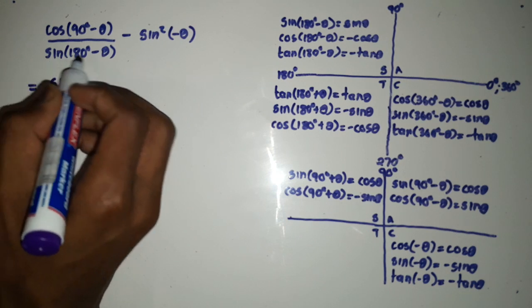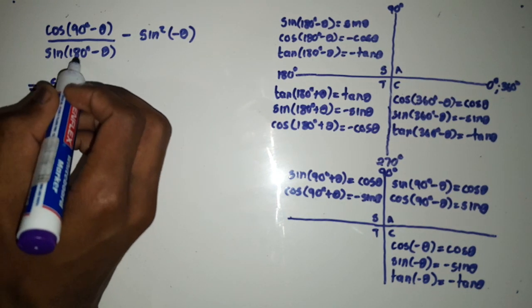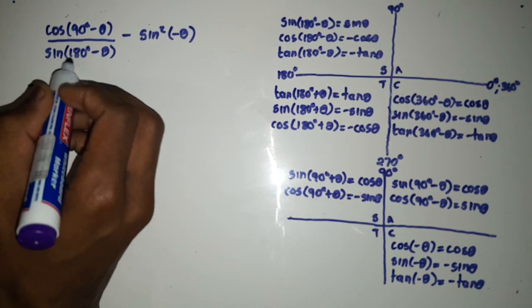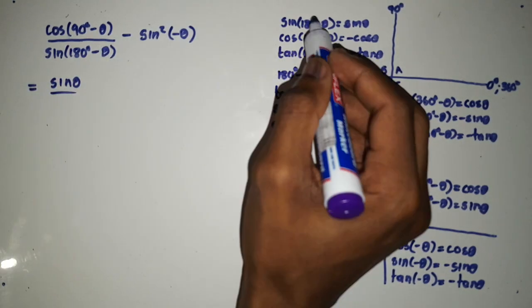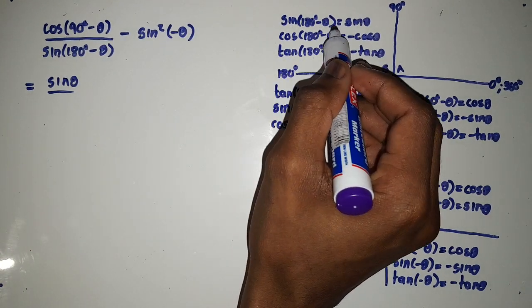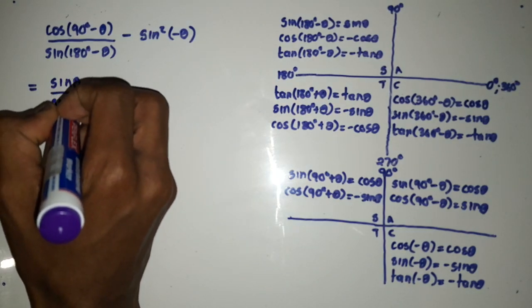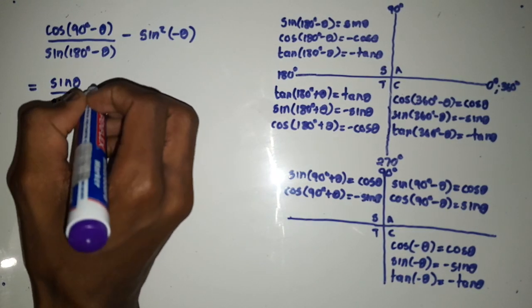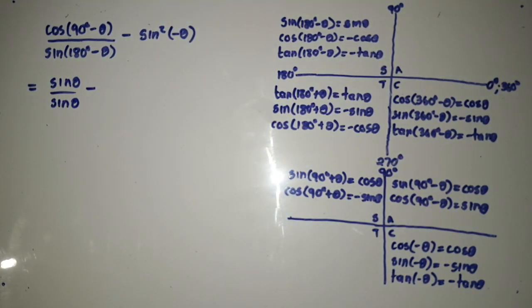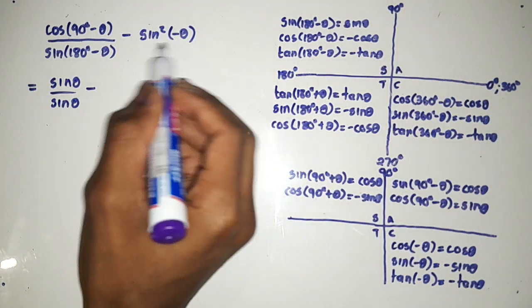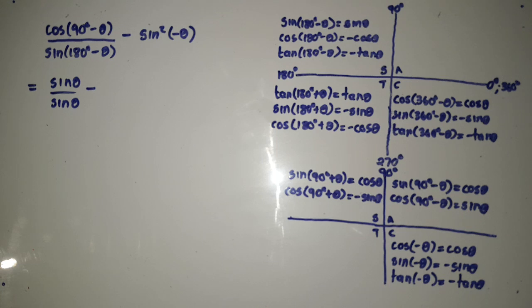Then on this one we have what? Reduction formula, 180 minus theta. We get positive sine theta. Now we have a situation. On this diagram, we don't have sine squared.